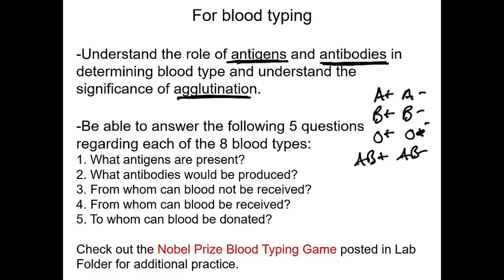Number 1, what antigens are present on the surface of the red blood cells? Number 2, for each of these blood types, what antibodies would this individual produce? Number 3, from whom can blood not be received? 4th question, from whom can blood be received? What blood types can this person receive? And then finally, to whom can blood be donated?